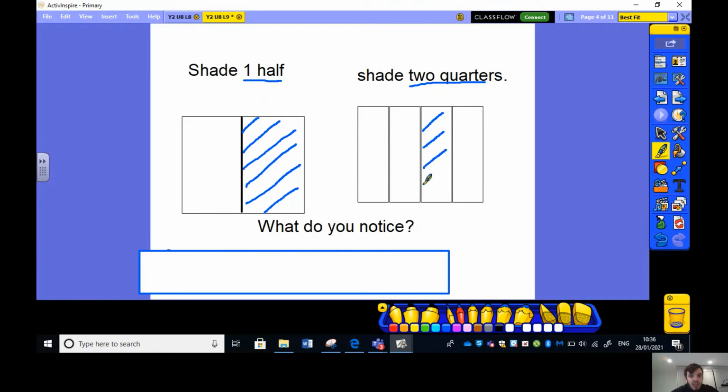So that's 1/4 shaded. And now I've shaded 2/4. What do you notice about the 1/2 and the 2/4 being shaded? Pause the video and have a think. What do you notice about that?